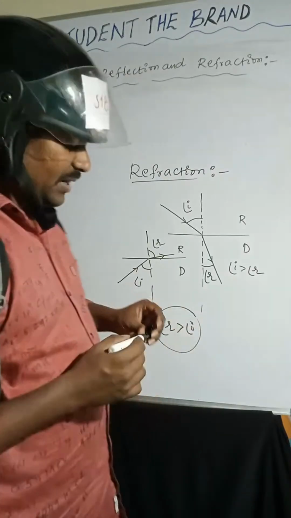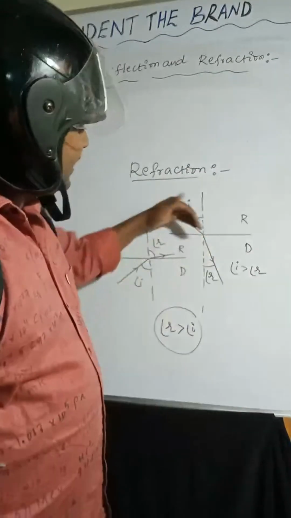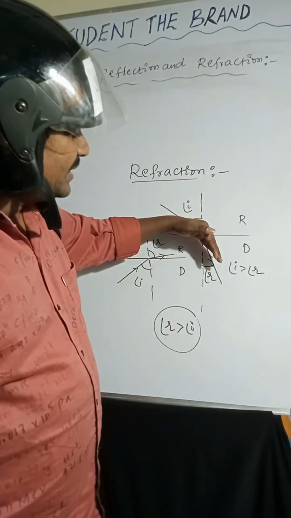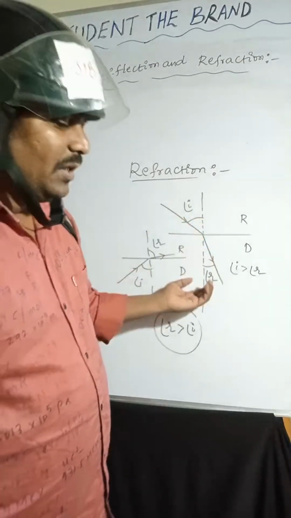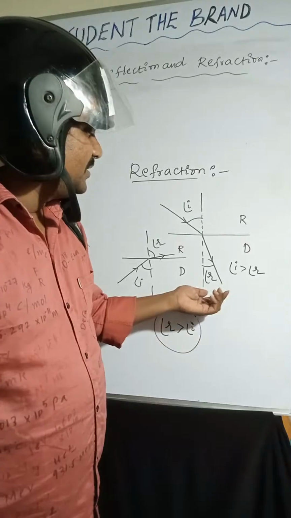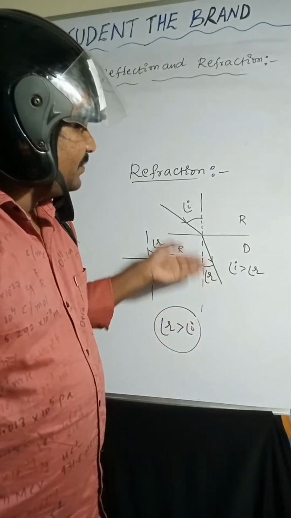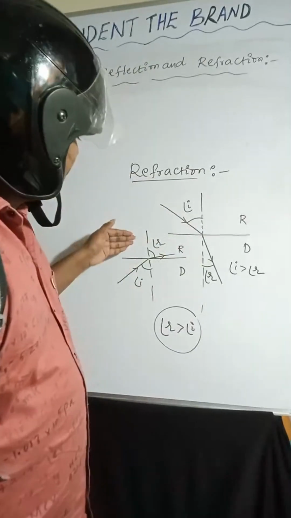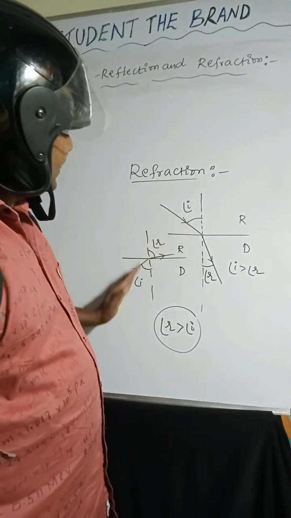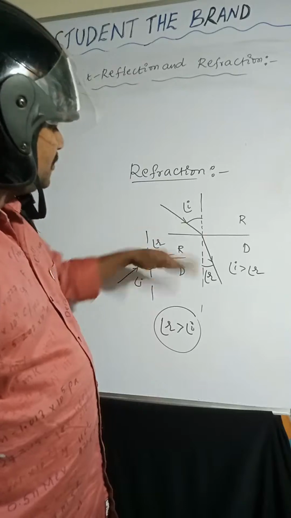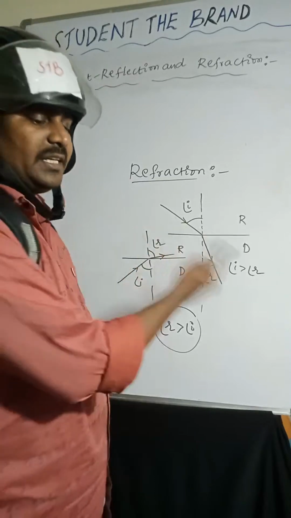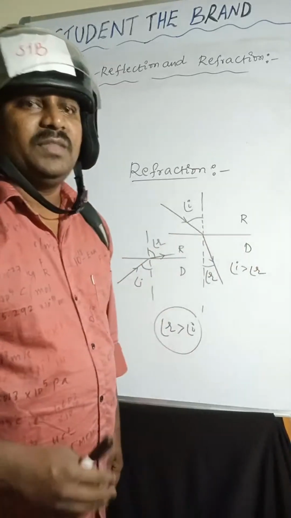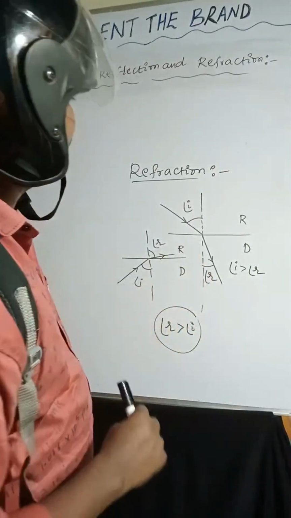In the earlier case, the light ray is bending towards the normal line, so the angle of refraction decreases and is less compared to the angle of incidence. Whereas here, the angle of refraction is greater than the angle of incidence because the light ray is moving away from the normal line. Speed is increasing, that's why it's moving away from the normal line. I hope it is very clear.